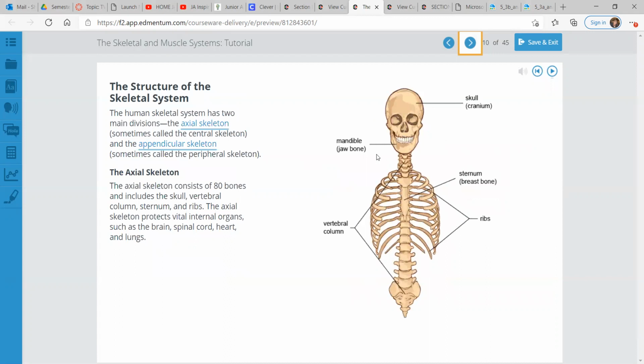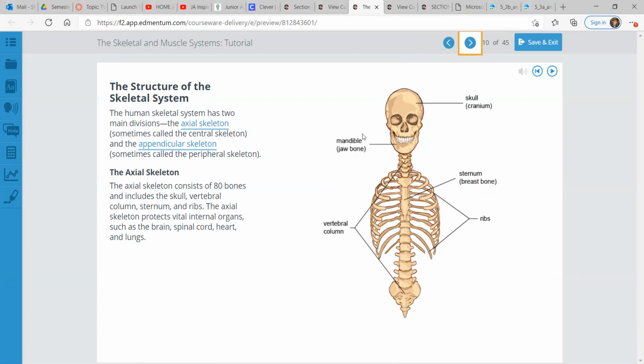And then we get another more specific picture of your upper body. The human skeletal system has two main divisions: the axial skeleton, sometimes we call that the central skeleton, and the appendicular skeleton, which we call the peripheral skeleton.